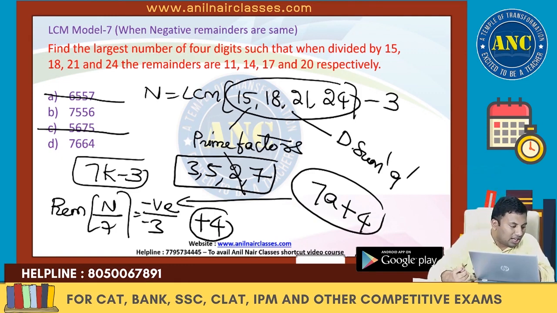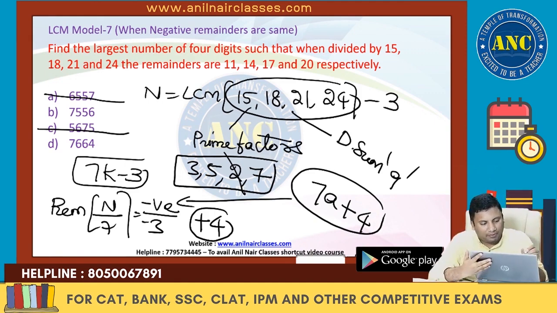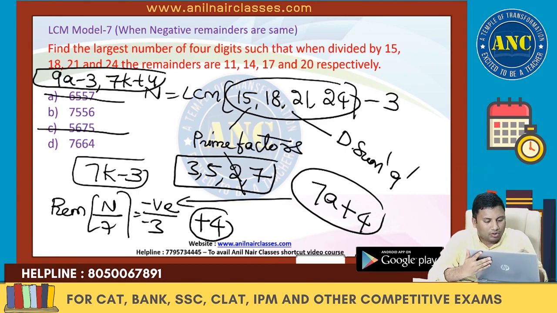Idea clear? Please ask me if you have any doubts. The answer should be of the form 9k minus 3 or 7k plus 4. Or you can deduce, it can also be 5k minus 3.